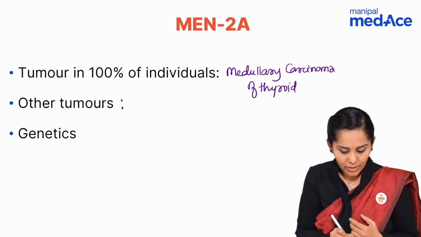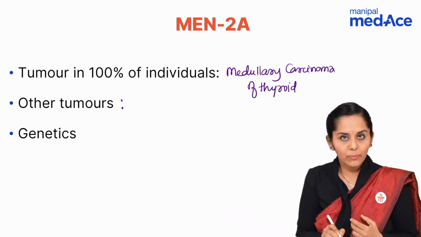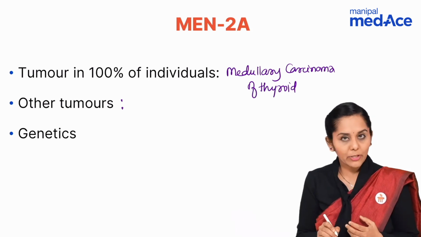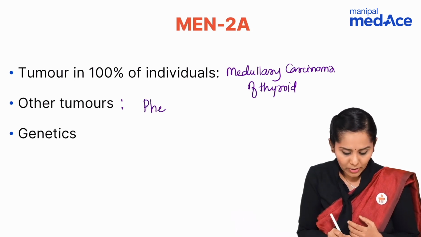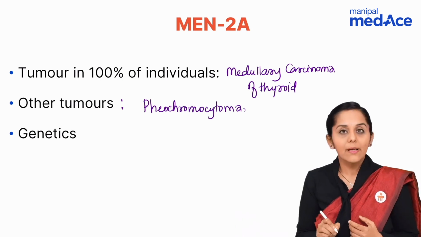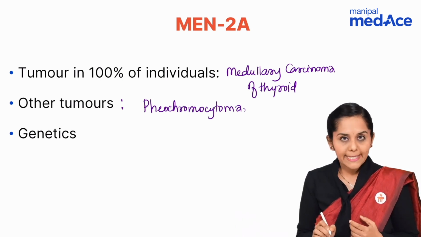The other important tumor is pheochromocytoma, which can be bilateral as well as extra-adrenal, where we call it as paraganglioma in MEN2A. So remember it as pheochromocytoma. Then parathyroid hyperplasia.